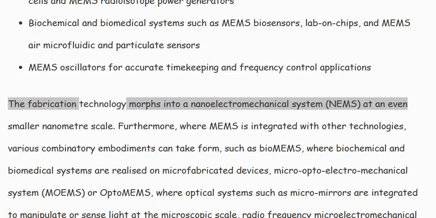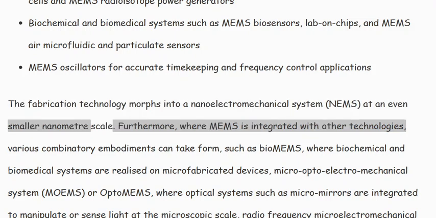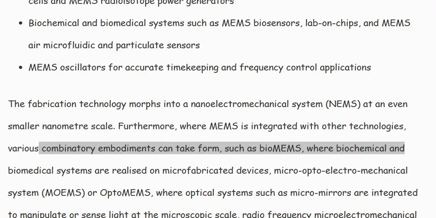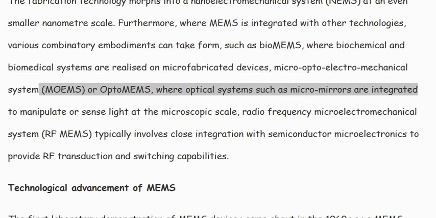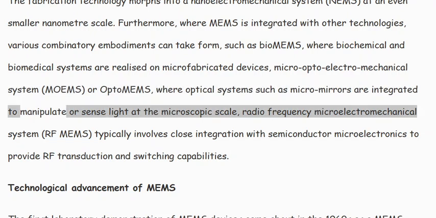The fabrication technology morphs into a nanoelectromechanical system, NEMS, at an even smaller nanometer scale. Furthermore, where MEMS is integrated with other technologies, various combinatory embodiments can take form, such as BioMEMS, where biochemical and biomedical systems are realized on microfabricated devices, micro-optoelectromechanical system, MOEMS, or opto-MEMS, where optical systems such as micromirrors are integrated to manipulate or sense light at the microscopic scale.